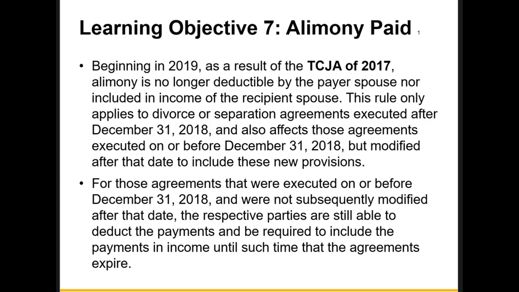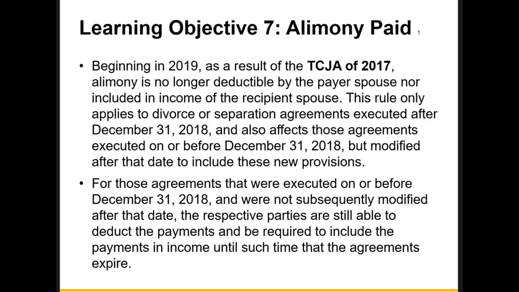All right. More important, and becoming less important every year, is alimony paid, because in 2017 the laws changed and said that alimony is no longer counted if you have an agreement of divorce after 2018, the end of 2018.